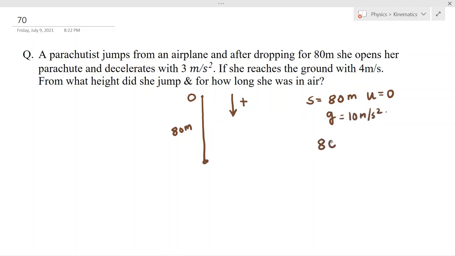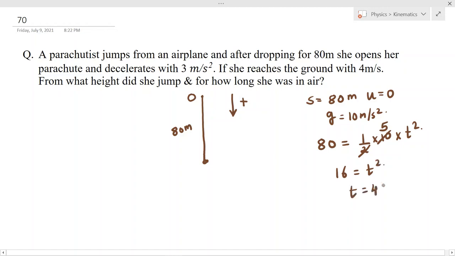So S is equal to ut plus half gt square, so this will be half gt square. Now g is in the downward direction, so it is positive, so it is plus 10. Let's cancel this. It is 5 and this is 16. So t square is 16, so t is equal to 4 seconds. So after 4 seconds she opened her parachute.